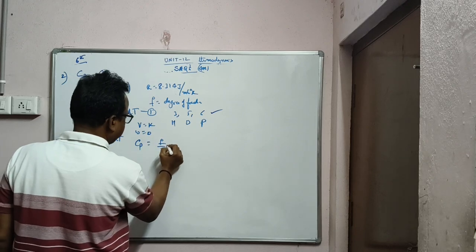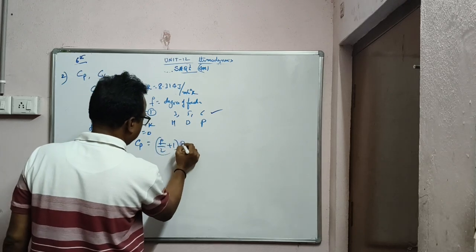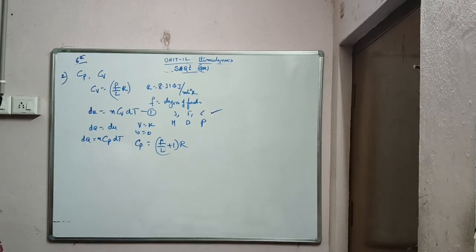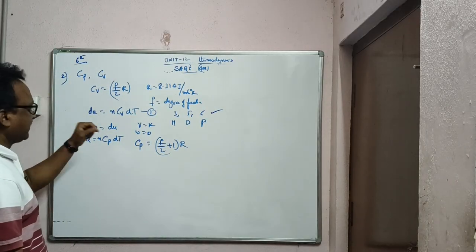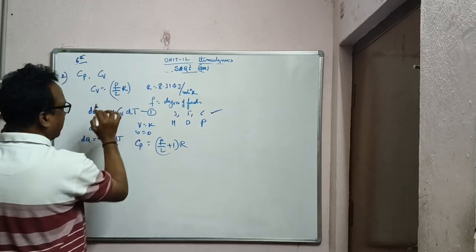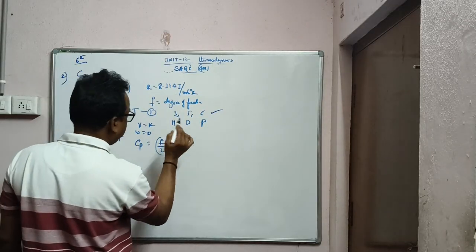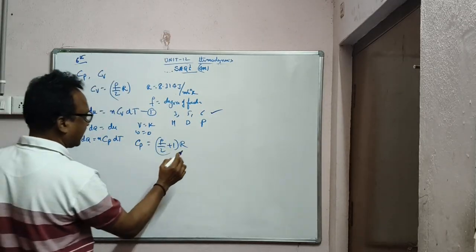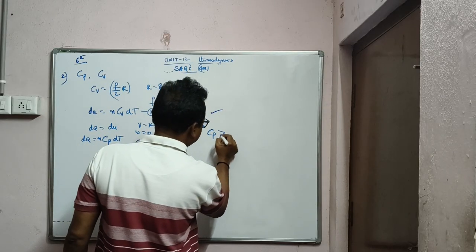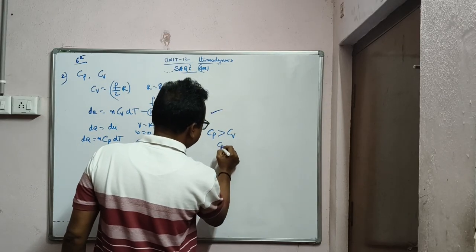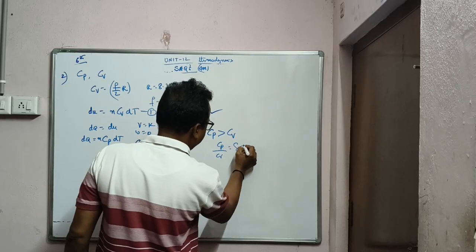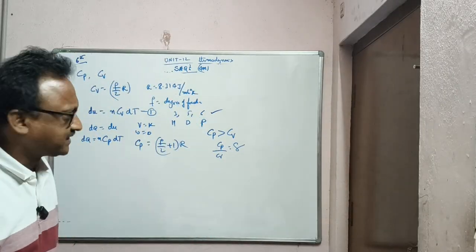Cp can be written as (F by 2 plus 1) into R. Now, if you combine these two, Cv is F by 2 into R and Cp is (F by 2 plus 1) into R. This itself indicates that Cp is always greater than Cv, and Cp by Cv is equal to gamma, which is the ratio of specific heats of gases.